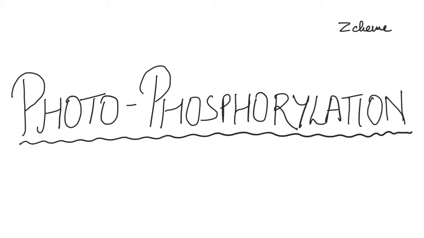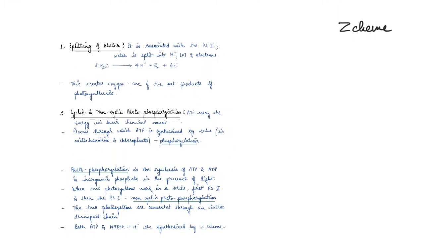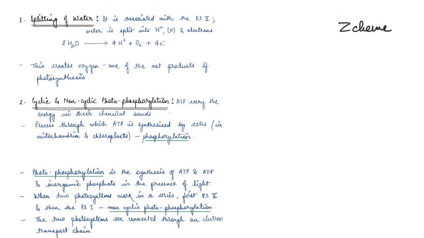So let's start with photophosphorylation, guys. Now, before that, as I said, we'll also discuss a few things about the splitting of water. So basically, we saw that during the PS1 and PS2 electron transport system, the electrons were moved from photosystem 2 to photosystem 1.